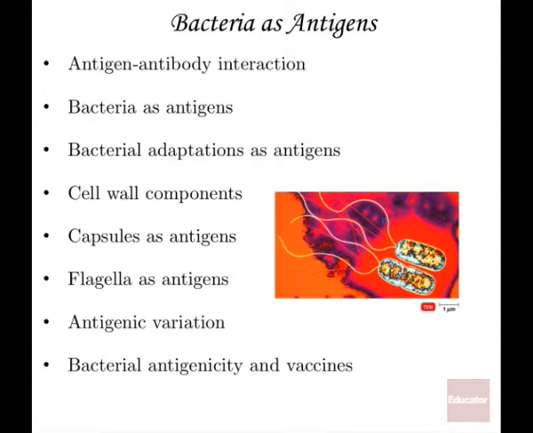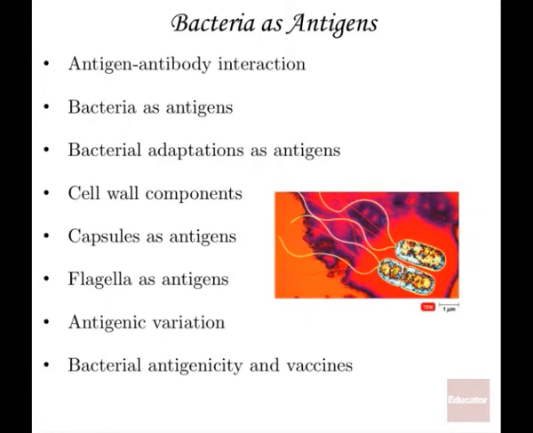We're also going to talk about the actual adaptations that bacteria have, and which of those adaptations also serve as antigens. We're going to talk about different parts of the cell wall of the bacteria and how they function as antigens. We're going to talk about the bacterial capsules and how they serve as antigens, also flagella.